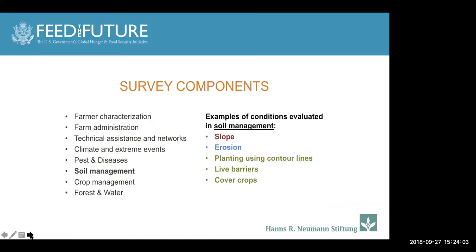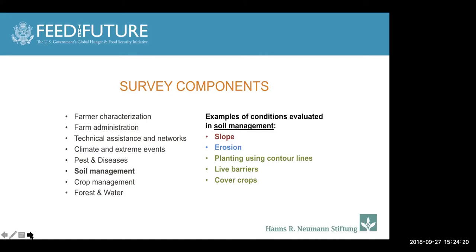So, which are these components? We are measuring the farmer characterization. There we can see gender, the age of the farmers, and whether he is participating in a farmer organization or not.